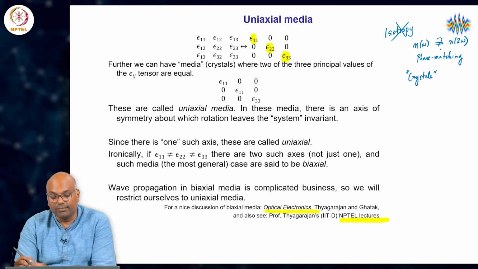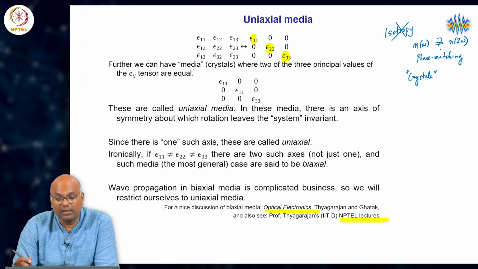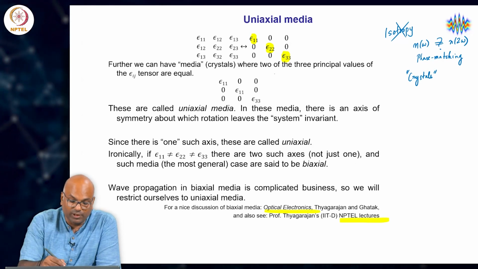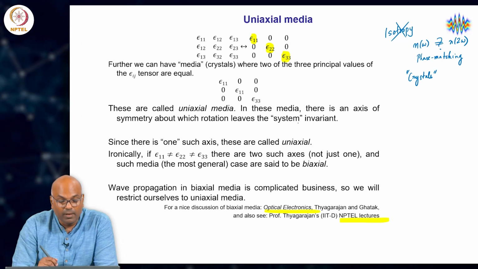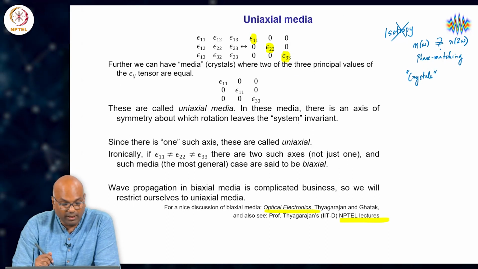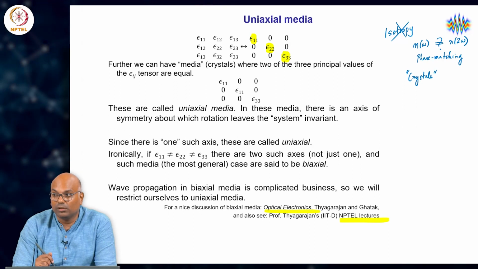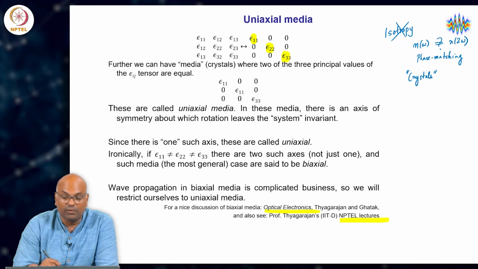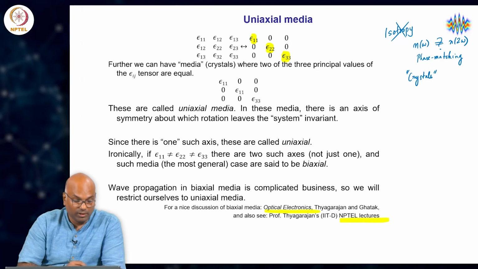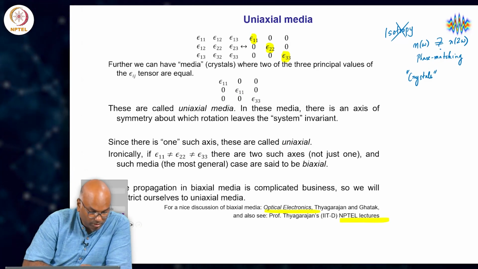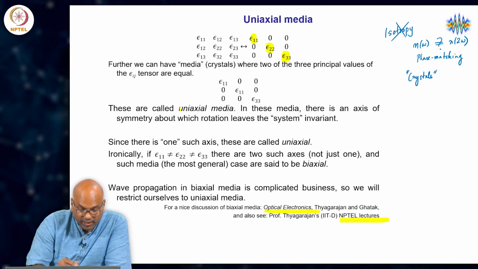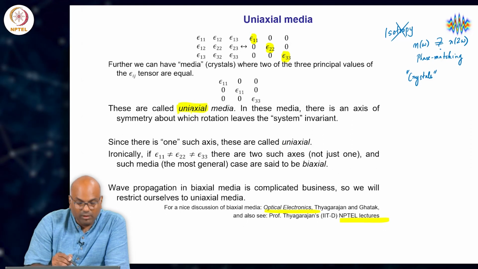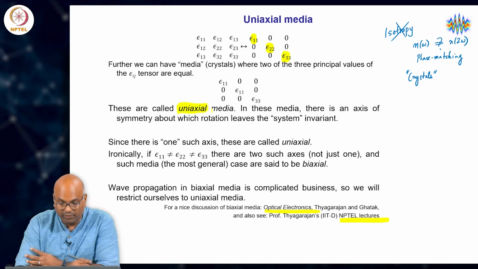In crystalline media, considering that the epsilon ij tensor can have 3 distinct values epsilon 11, 22 and 33, if any 2 components of the non-zero diagonal elements in this form of the tensor turn out to be equal, then such media are called uniaxial, meaning media possessing one axis of whatever, right.